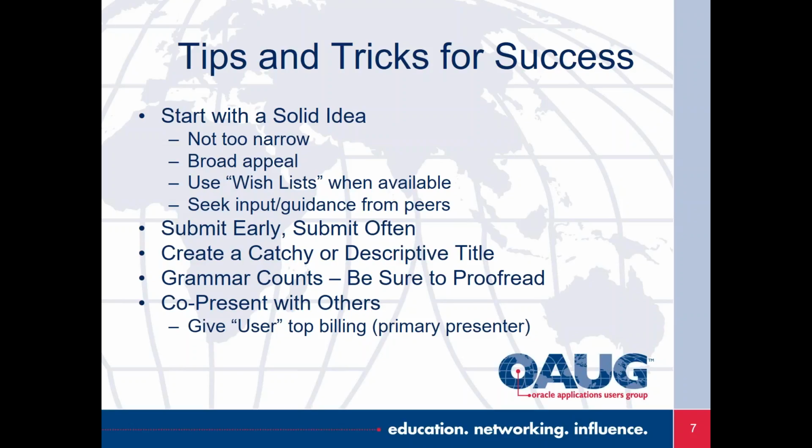So if your topic is really solid, and it's one of the hot topics from the wish list that people are going to look for, there's a good chance that it will be selected. Now, make sure the title is descriptive and catchy, because when people are voting, they do not see the company name, the submitter, or the presenter names.